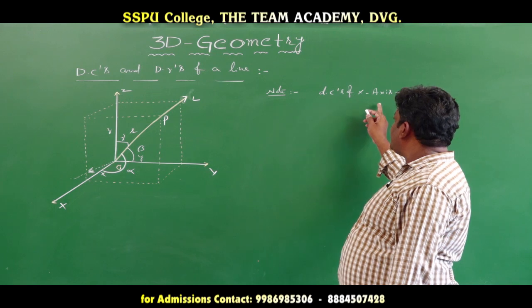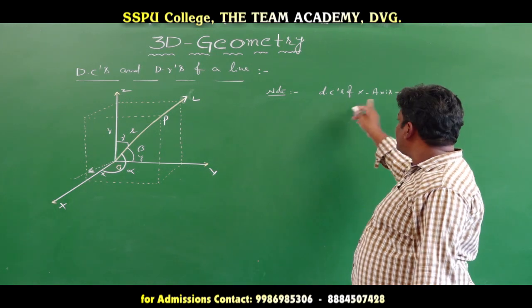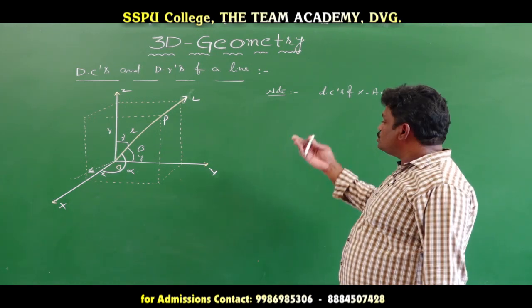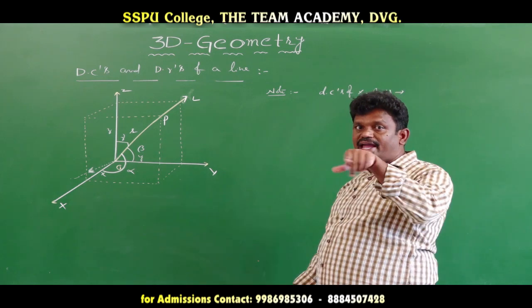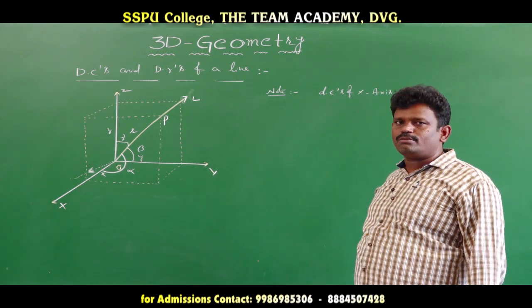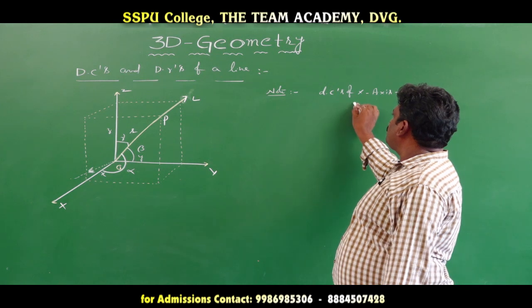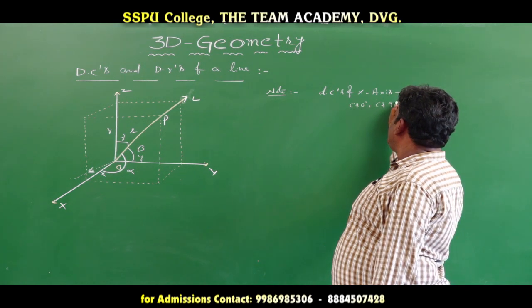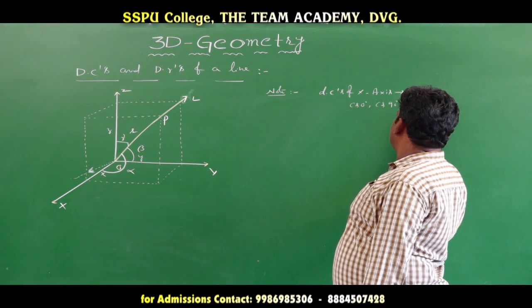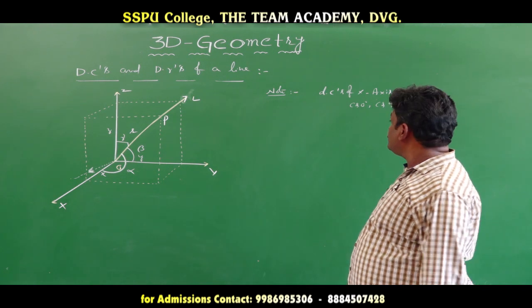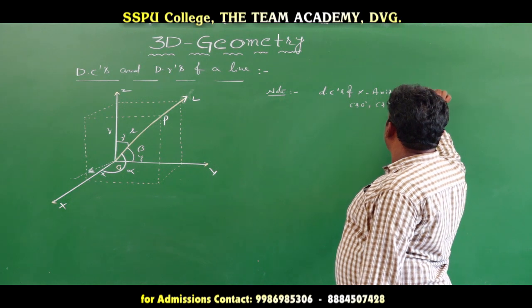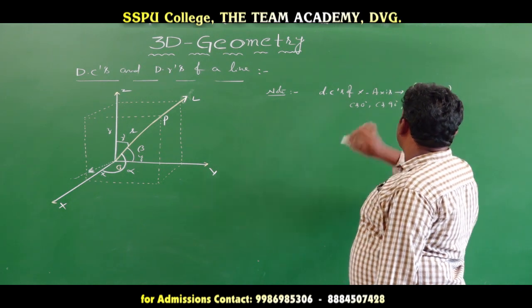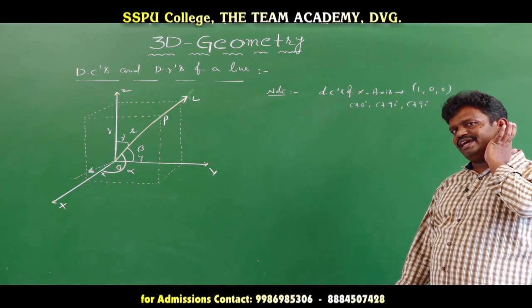So here we treat the x-axis as a directed line. For the x-axis itself the angle is 0, and the remaining angles are mutually perpendicular. So we get cos 0 degrees, cos 90 degrees, cos 90 degrees. So the direction cosines are 1, 0, 0. These are the direction cosines of the x-axis.